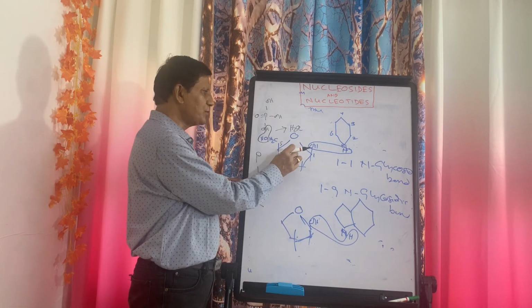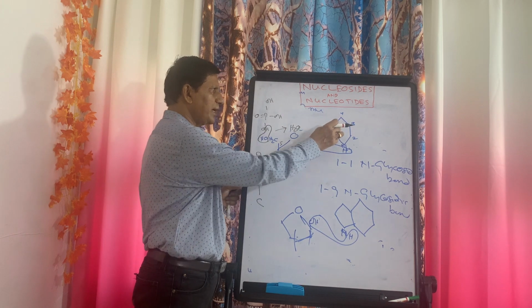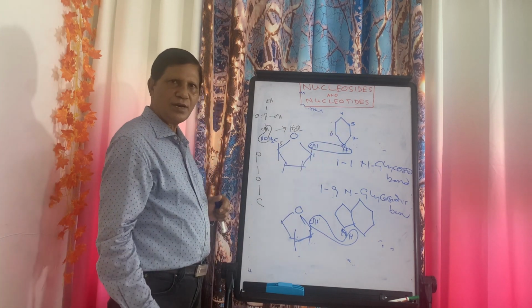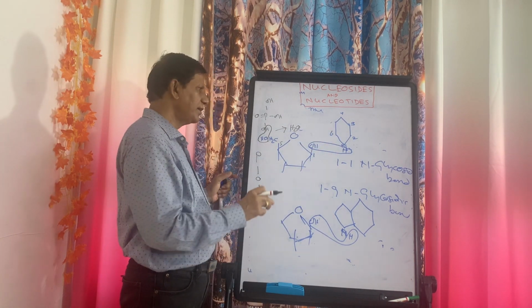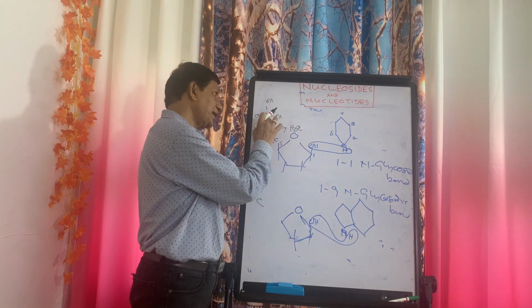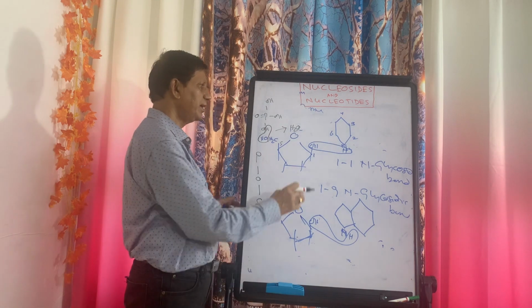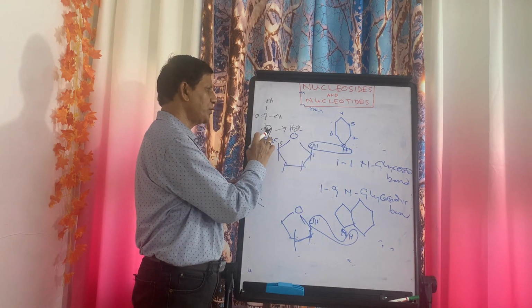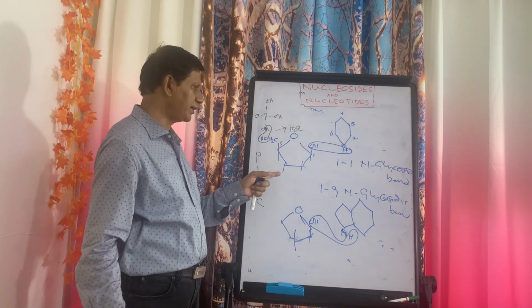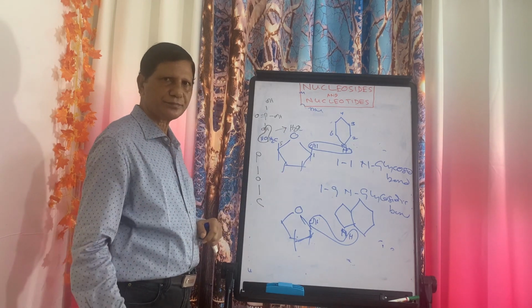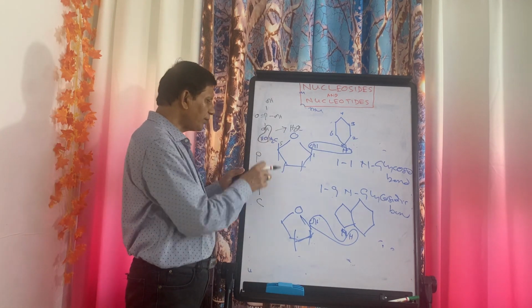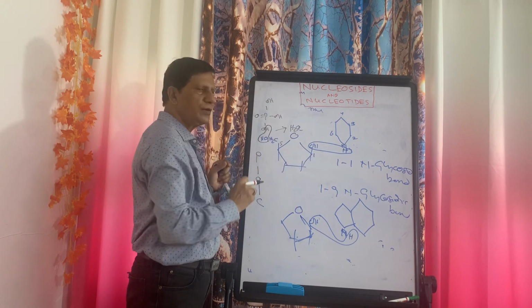So in a ribose sugar, at the first position the nitrogen bases are attached, and in a nucleotide the phosphoric acid is attached to the 5th position. That means you see, at the first position and the 5th position the OH groups are now utilized, only at the 3rd position it remains. So now this ester bond, and now it's a nucleotide.